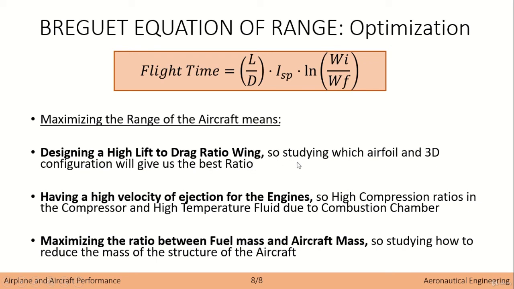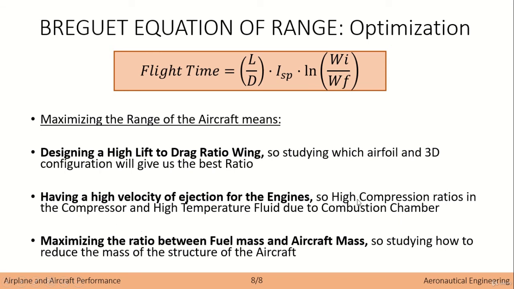It is important to study which airfoil and 3D configuration will give us the best ratio. Also, we need a high ejection velocity for the engines, which we discussed for the specific impulse. High compression ratios are very important in the design of the engine and will affect how much velocity we can get out of the engine.